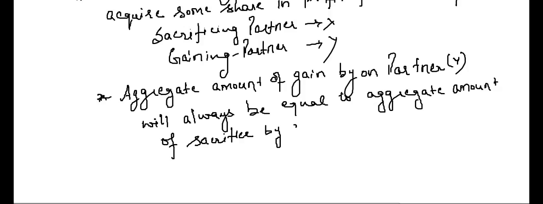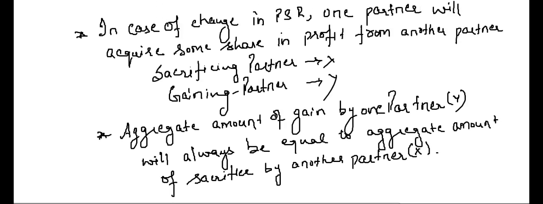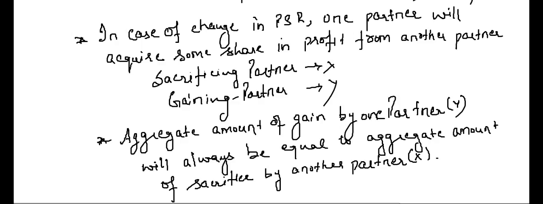Who is the sacrificing partner? X. Right? This is one important point, that aggregate amount of gain by one partner will always be equal to aggregate amount of sacrifice by another partner. Clear? So this is the change in profit sharing ratio.